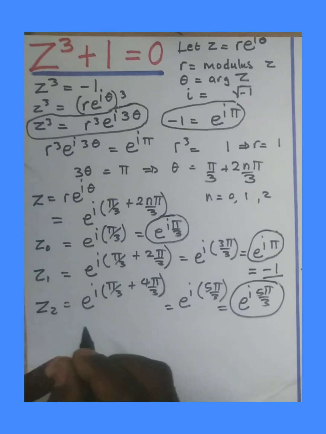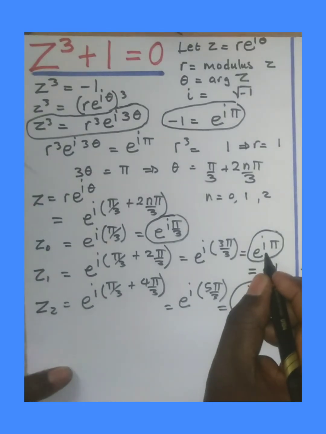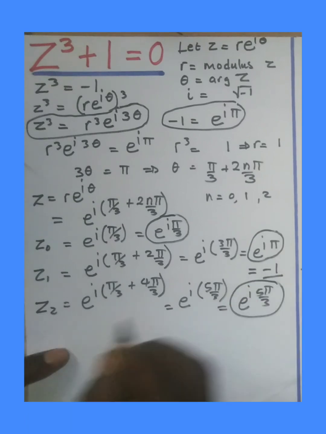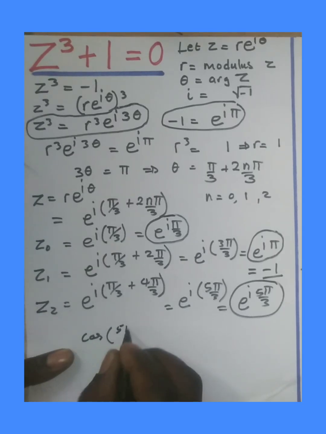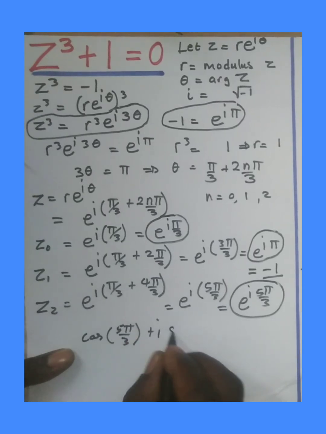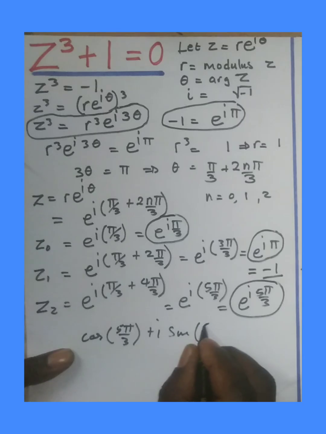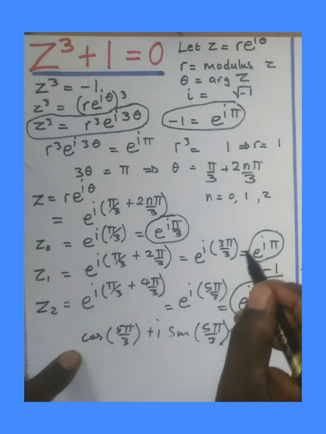Remember, the exponential form here can further be expressed in polar form as, for example, we can take that one there. It becomes cosine of 5 pi over 3 plus i sine of 5 pi over 3, and so on for all of them.